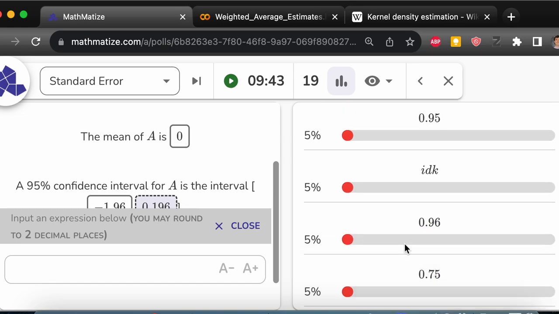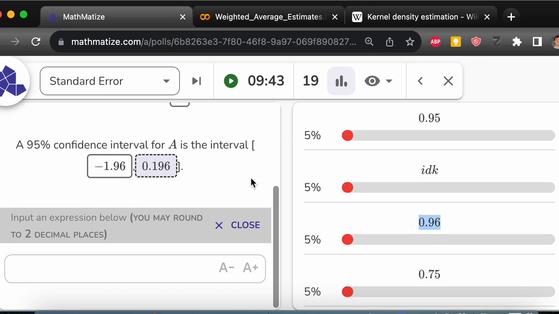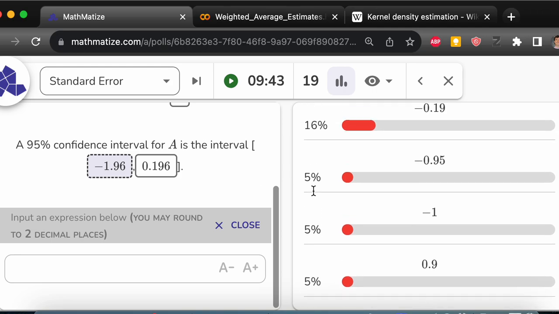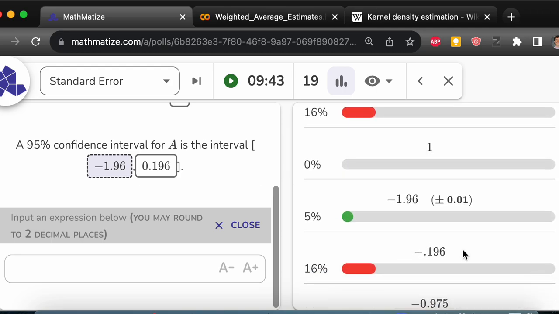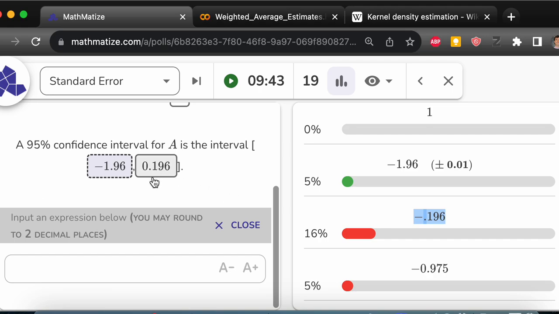And let me see, were there any other comments? Some people maybe forgot the 1 or something, or divided it by 2. I'm not sure. This one should always be the negative of the other one. Oh, interesting. Oh, I typed this one wrong. Look, I have the wrong answer in here. This is the right answer. So 16% of people got this one right. I typed it in wrong.